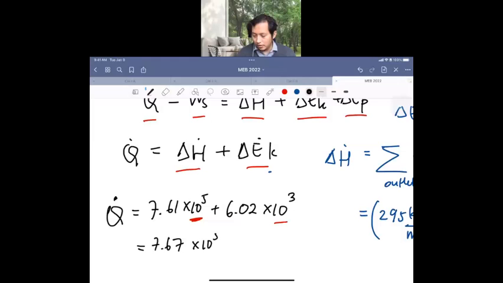So when you calculate, you can confirm whether there is any mistake or any weird situation. If you have the enthalpy, it should have much more significant numbers than the kinetics. In engineering, that logic can confirm what we have.